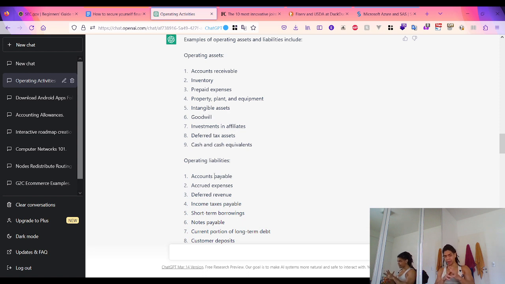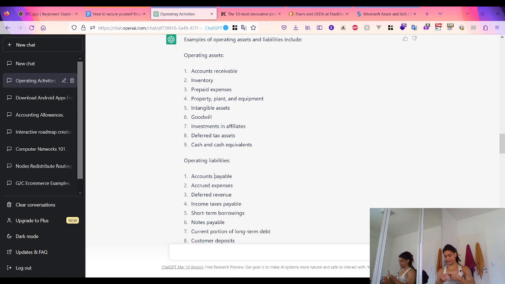Inventory, prepaid expenses, so expenses that a company pays in advance on things that it will consume in the future, such as insurance premiums like health, life, auto, homeowners, liability, disability, and long-term care.